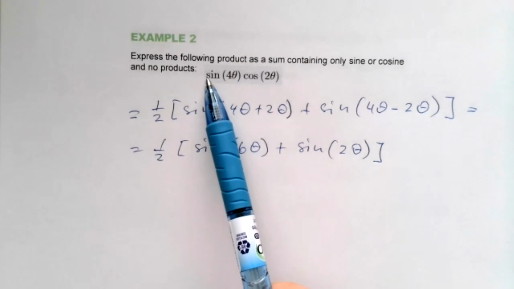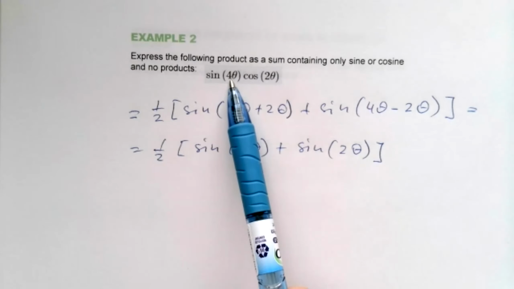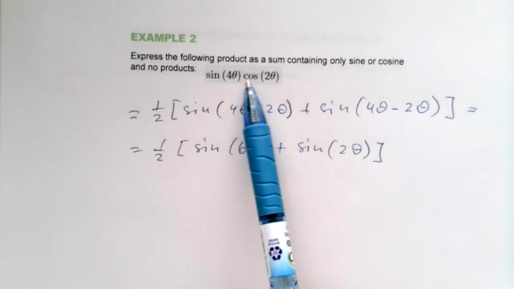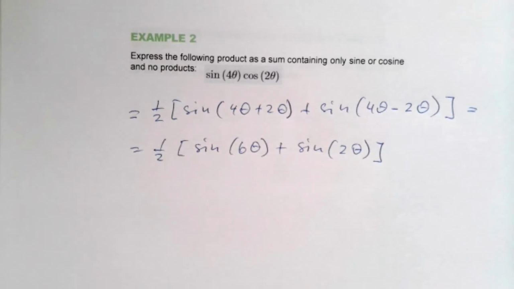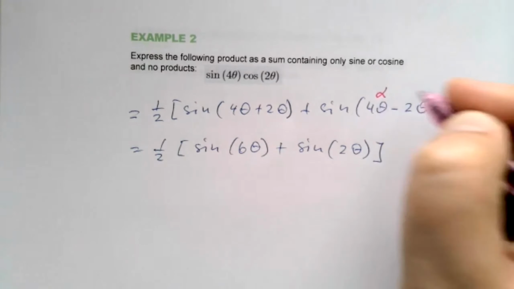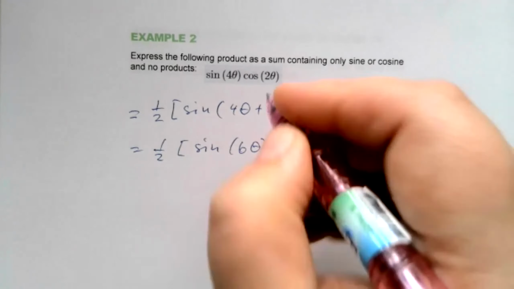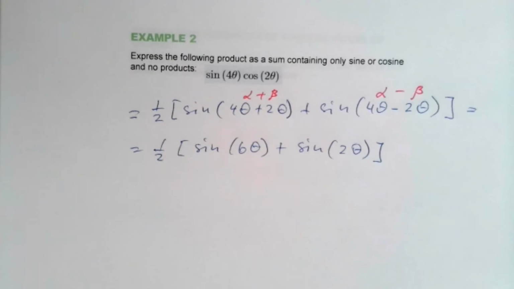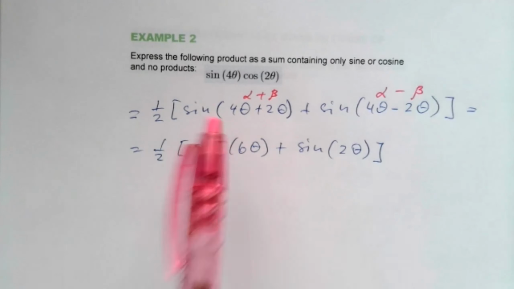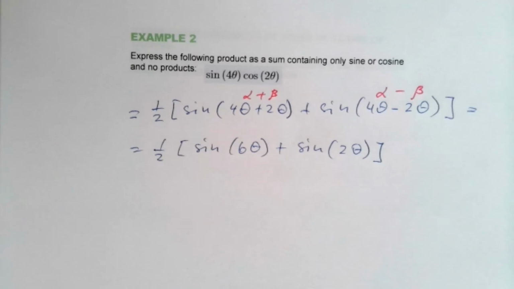So here in the sine, we have alpha. The argument of the cosine is beta. So here we're subtracting alpha minus beta. For the sum, it's not as crucial because we're still going to get the same: 4 theta plus 2 theta is the same as 2 theta plus 4 theta.